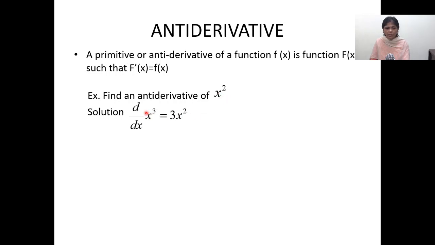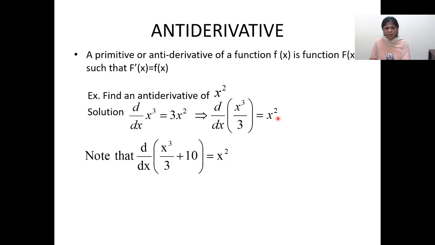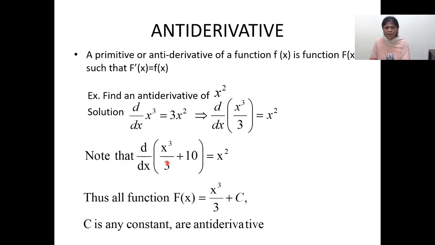As we know, the derivative of x cube is 3x square. Therefore, the derivative of x cube by 3 will be x square. Similarly, we can have the derivative of x cube by 3 plus 10 also as x square. So in place of 10, I can take any constant, and still I'll get the derivative of x cube by 3 plus any constant as x square.